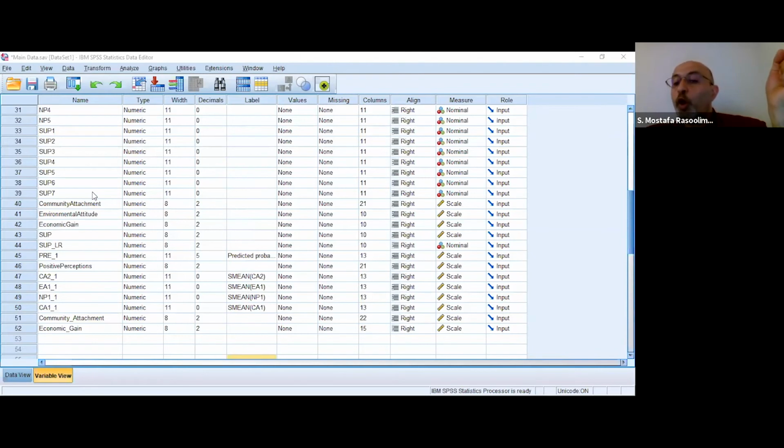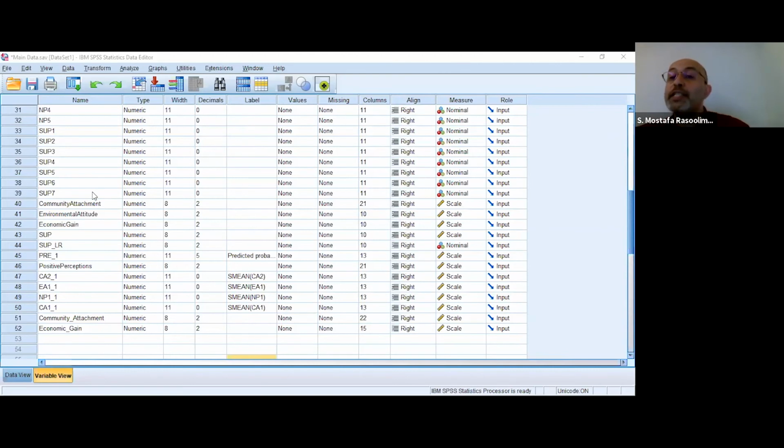The t-value is 2.24 for the difference between these two community attachments, before and after our experiment, right? So it's higher than 1.96.